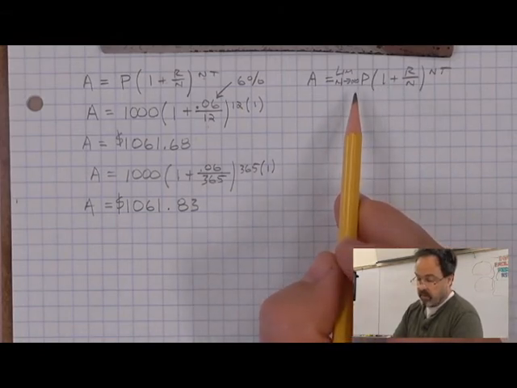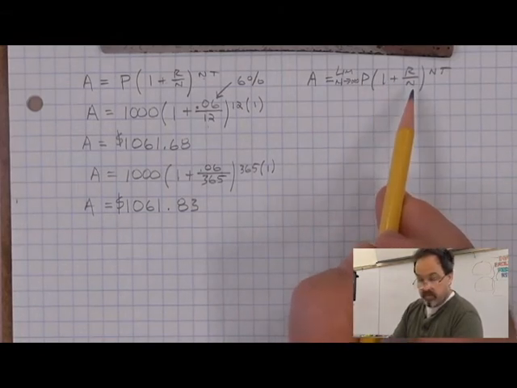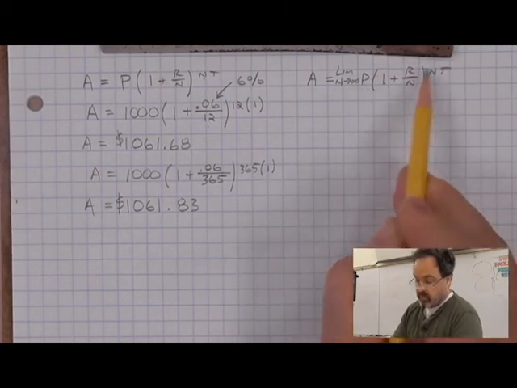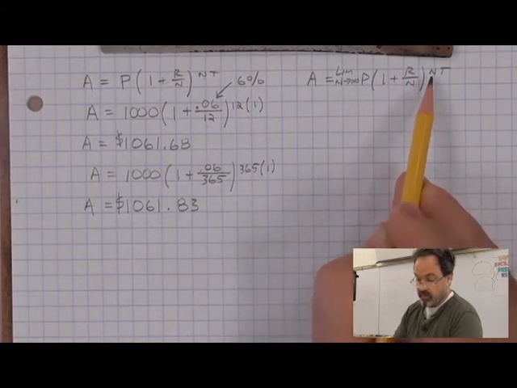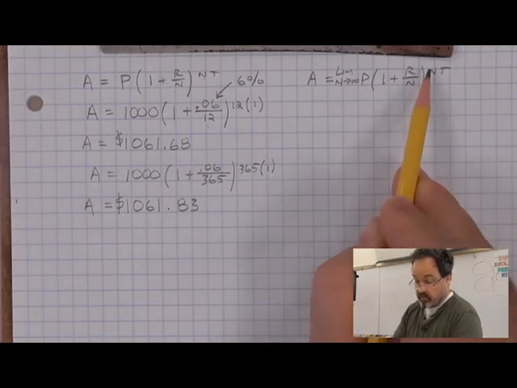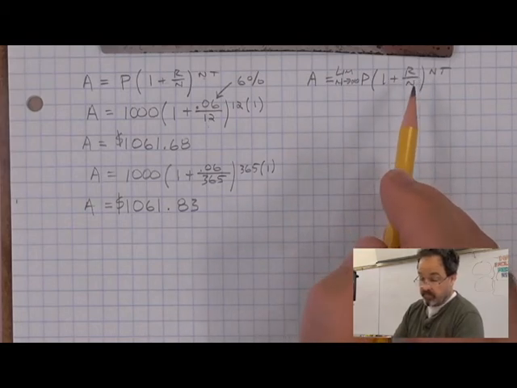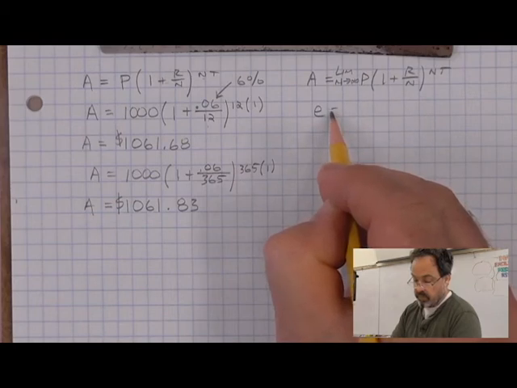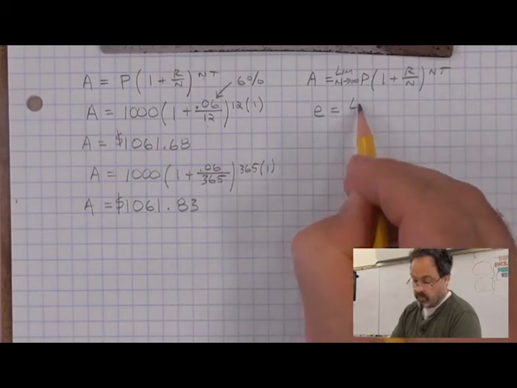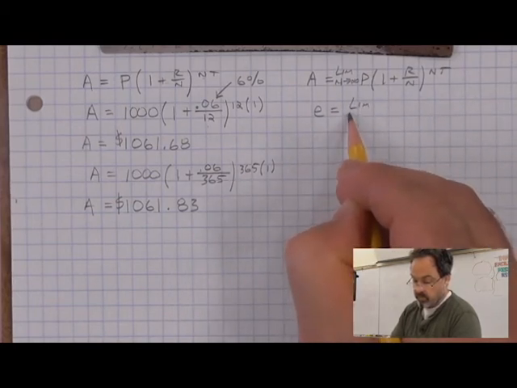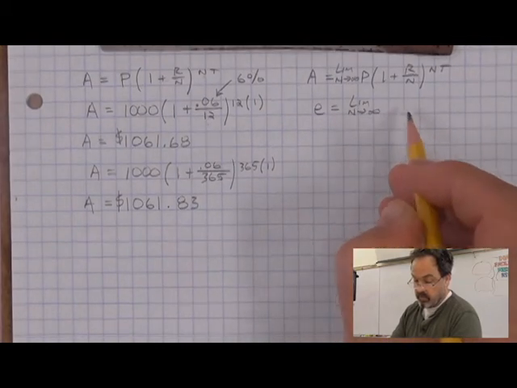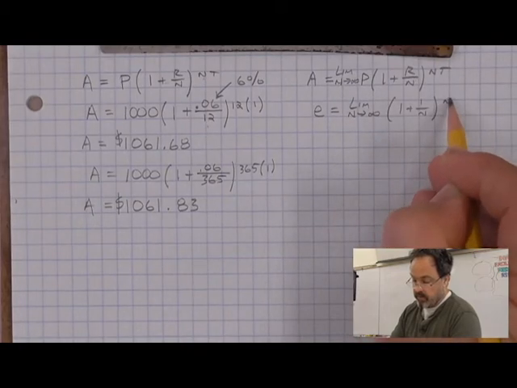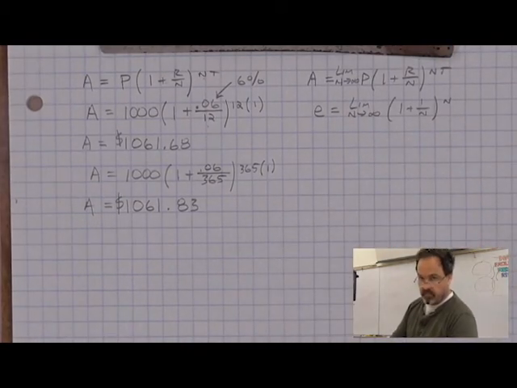But to do that, notice that this structure of this equation for compound interest includes the definition of e. So we will recall that this very special number e is equal to, and defined as, the limit as n goes to infinity of (1 plus 1 over n) all to the n, from a previous lesson.